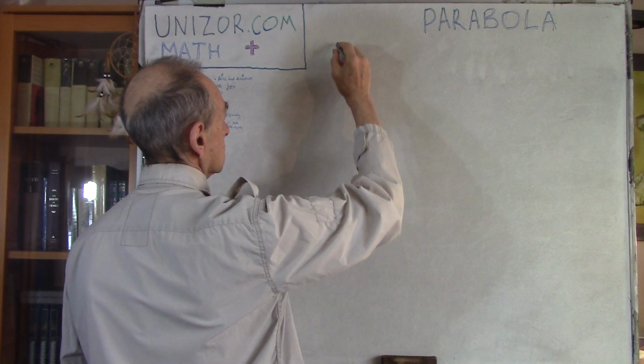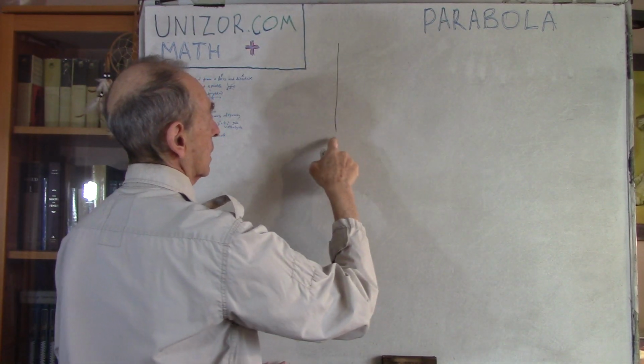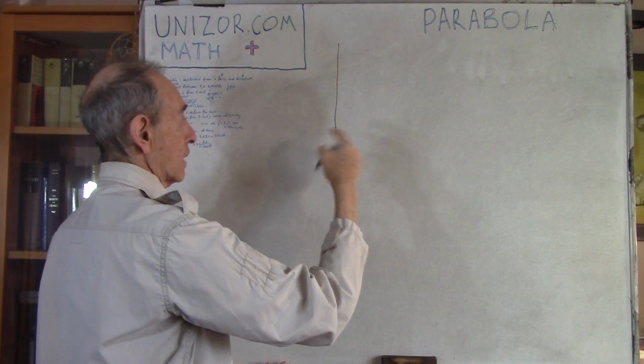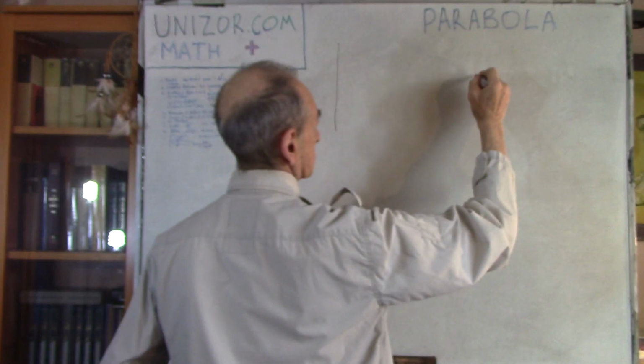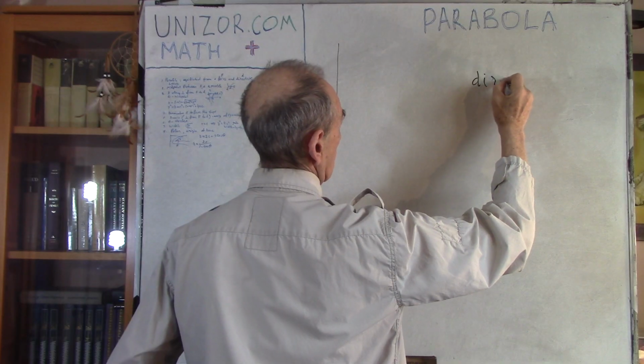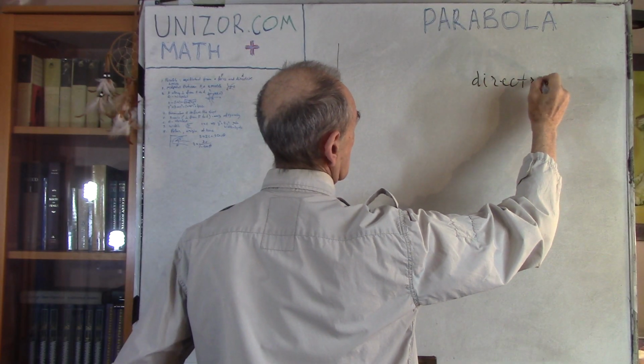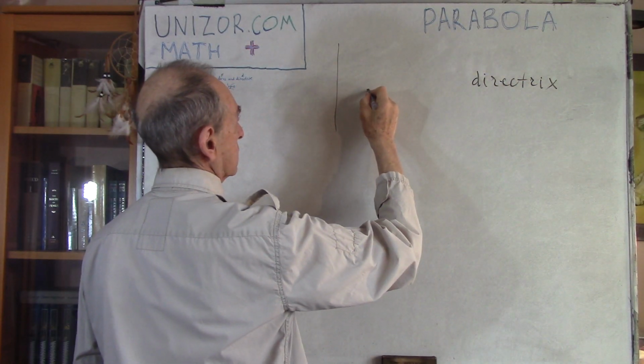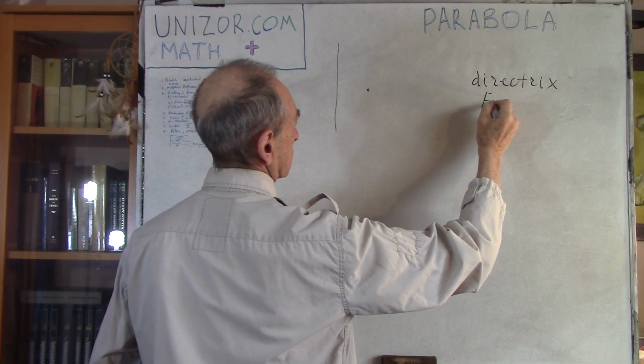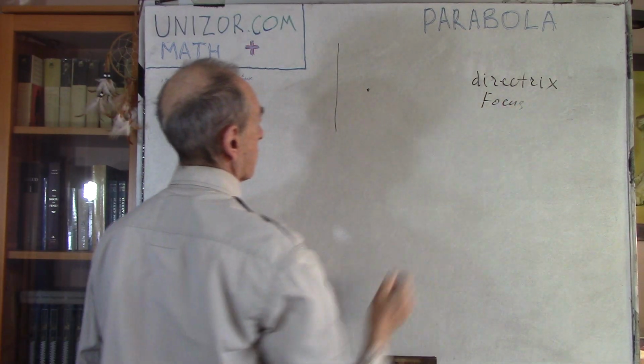Parabola is defined the following way. There is a straight line called directrix, and a point which is called focus.